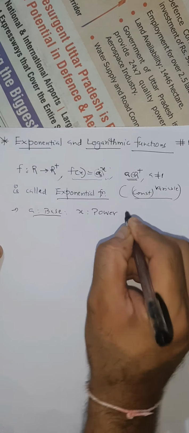If I have log of x raised to 2, then this is 2 into log x. Under any base, this all holds true. I'm not writing the base here, but the base can be any, remember. So these are again very important properties: multiplication to addition, division to subtraction, and power will be in the product.